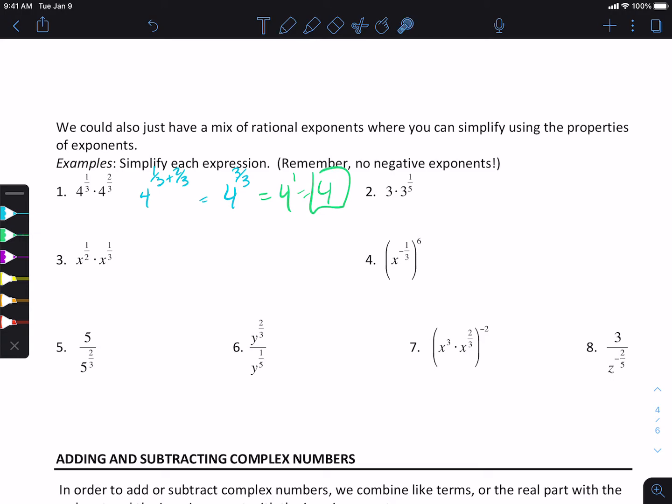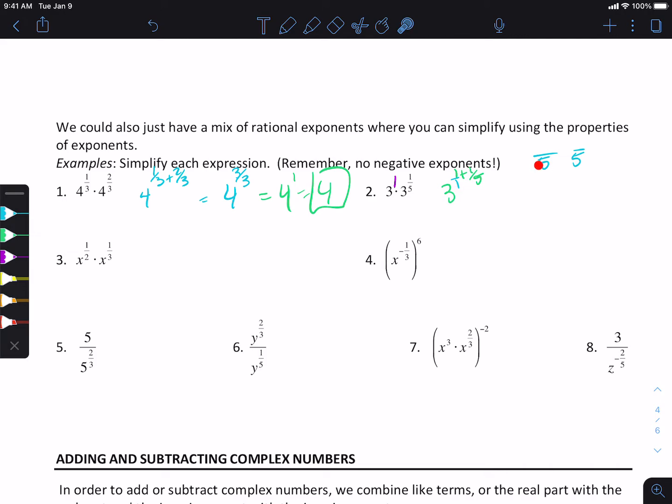Okay. If we look at the next one, we've got 3 to the first, it's an unsaid 1, times 3 to the 1/5, so we're going to add the exponents. So we have 1 plus 1/5. Well, remember that 1 really has a denominator of 1. So between 1 and 5, your common denominator is 5.